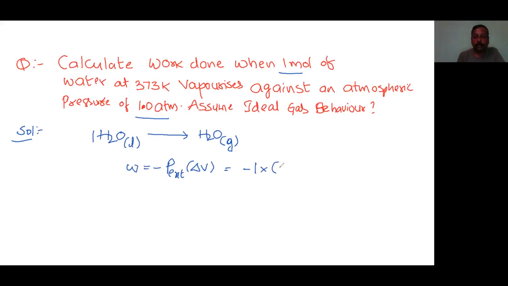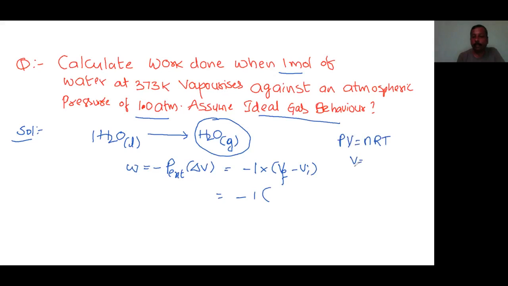So delta V will be V final minus V initial. Finally you will have the water in the gaseous state, and assuming ideal gas behavior, PV is equal to nRT we can use. Because it is in the gaseous state, V final will be nRT by P.